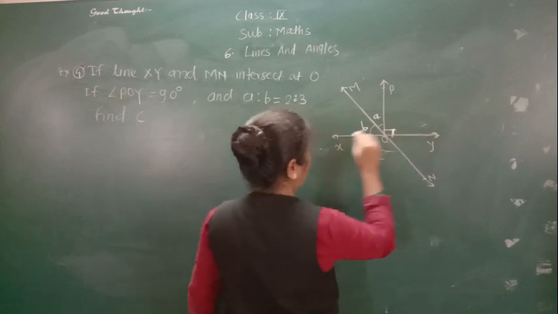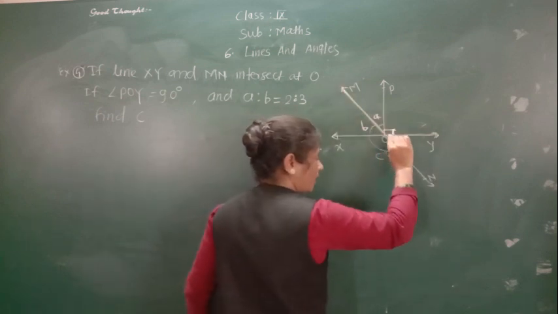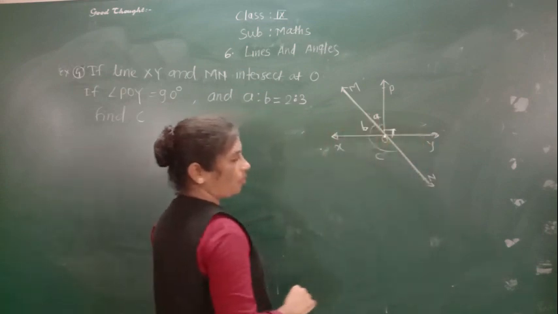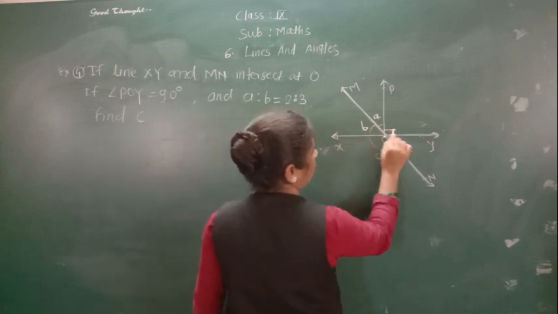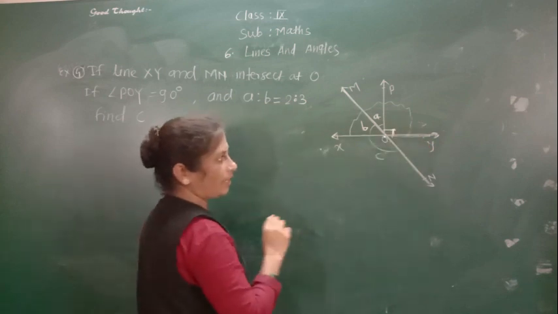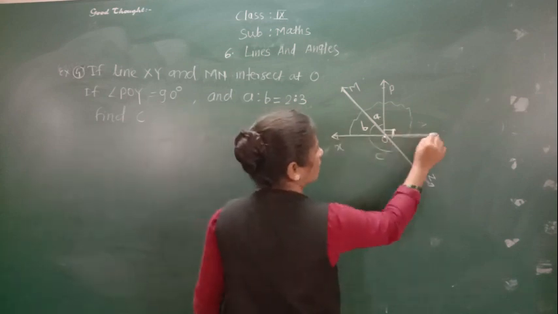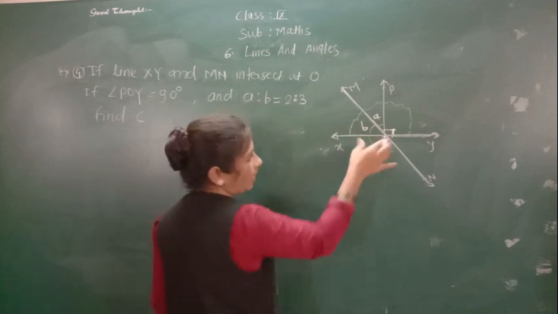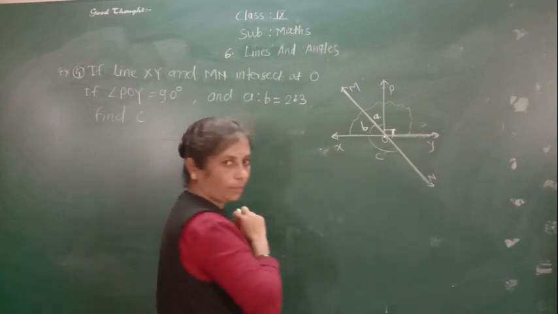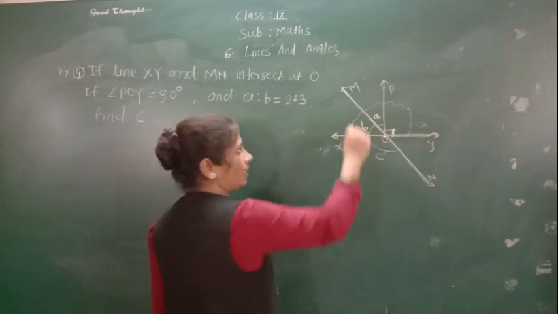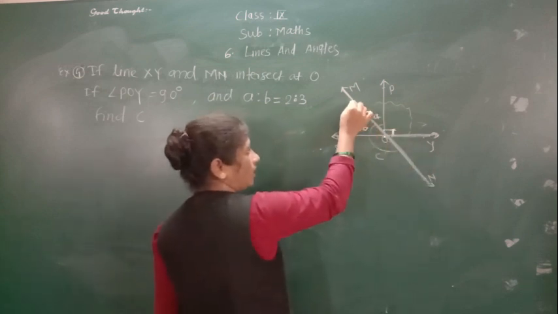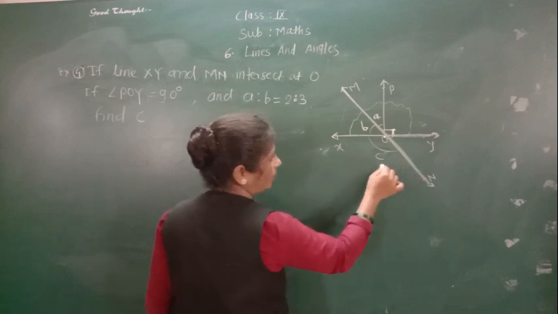Okay, now see, these two straight lines, the XY line and the MN line, intersect each other at point O. All the angles above XY and the angles below XY form linear pair angles. Similarly, if we take MN as a straight line, then the angles on this side also form a linear pair.